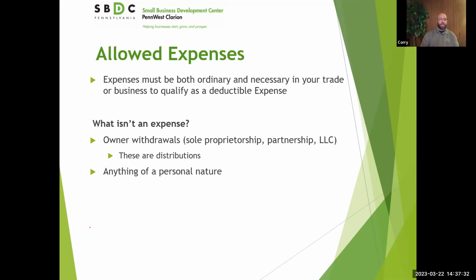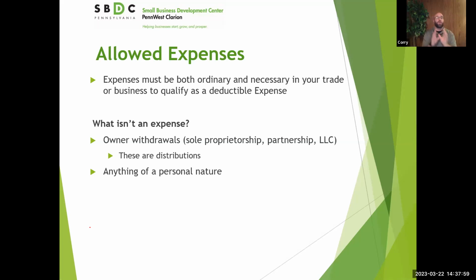So what expenses are allowed on your income statement? I kind of already alluded to this. I jumped ahead. If it's ordinary and necessary for your business, then it is an allowed expense in your bookkeeping system. What's not allowed on your income statement are owner's withdrawals.